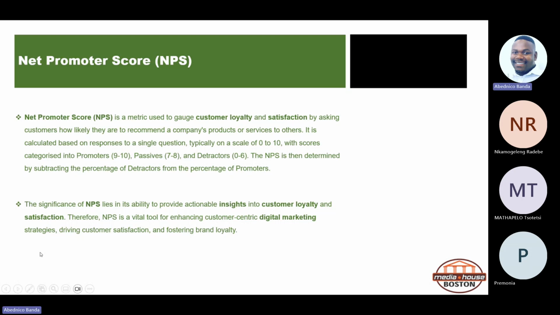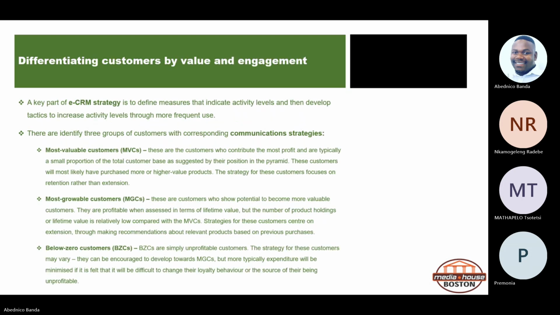All right, now we move on to differentiating customers by value and engagement. A key part of digital customer relationship management strategy is to define measures that indicate activity levels and then develop tactics to increase activity levels through more frequent use.